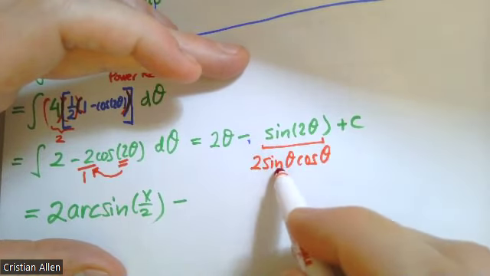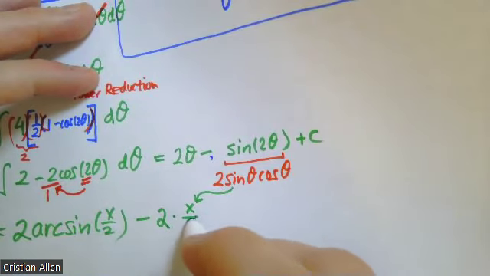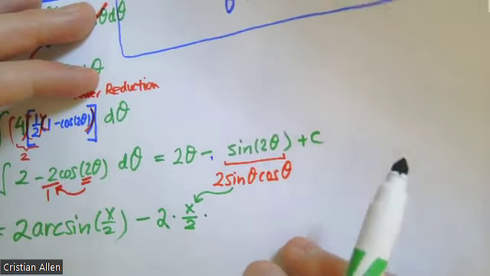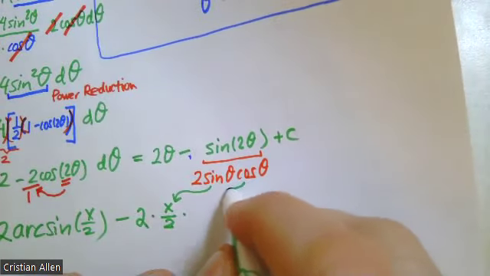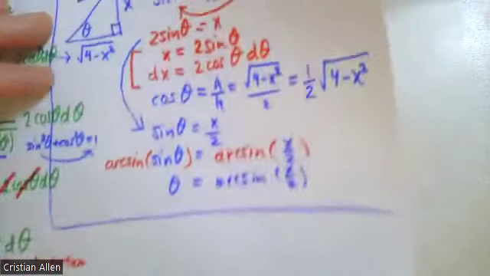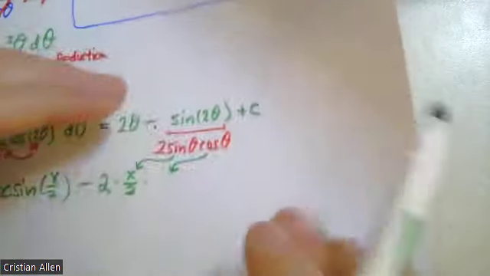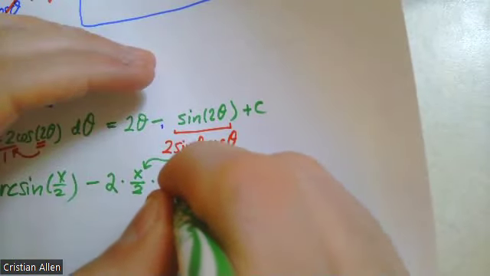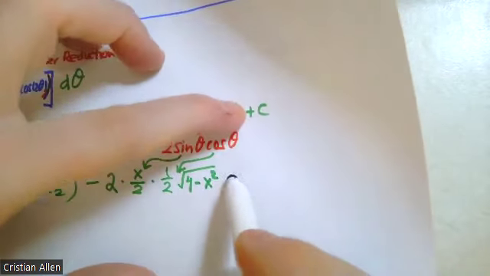This thing is 2 sine theta cosine theta. So we're going to go ahead and say 2. Now, sine theta is x over 2. We got that from the scratch work. So that's why it's important to study that scratch work so that you can know exactly how to get all of these things. Cosine theta, again, the scratch work says that it equals this. So we're going to plop that in right there. 1/2 square root 4 minus x squared plus c.